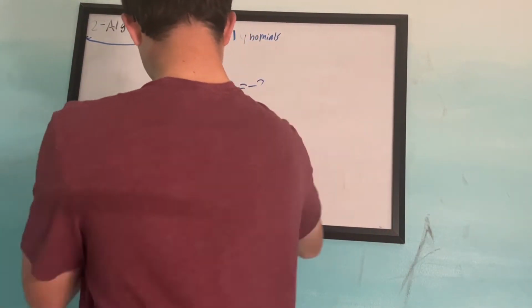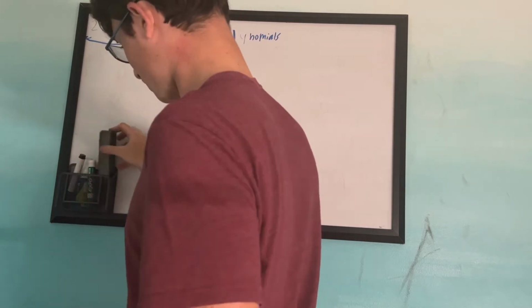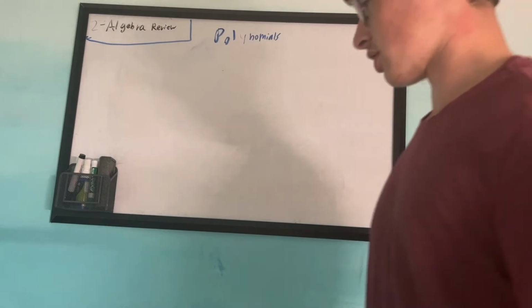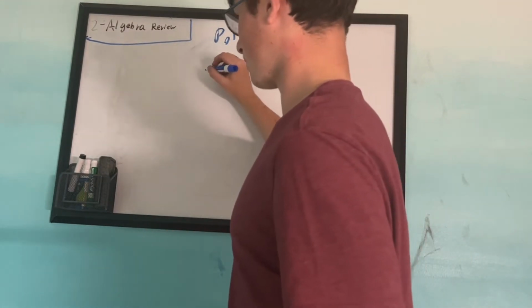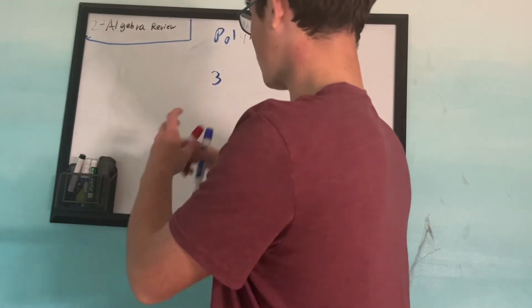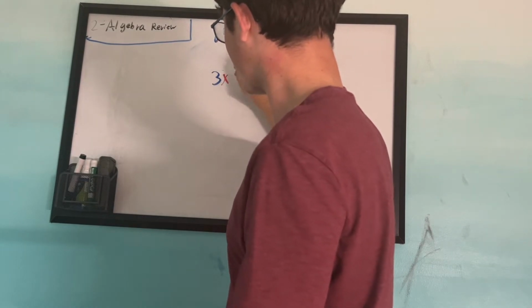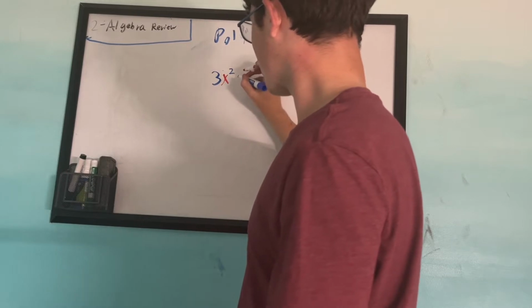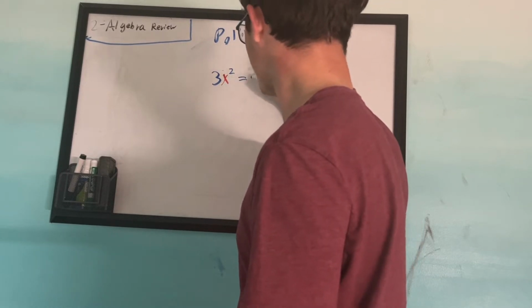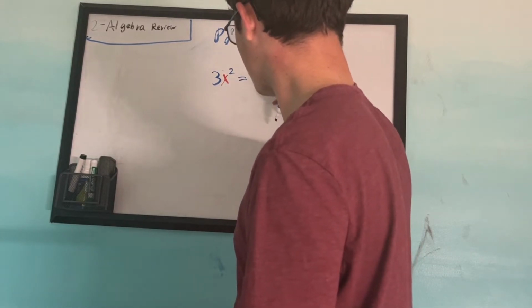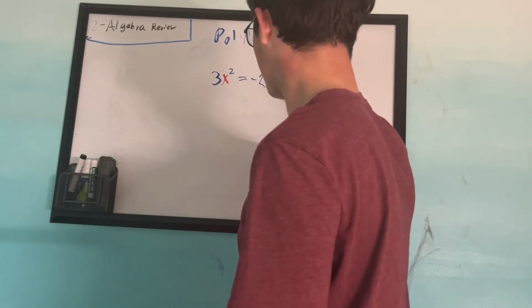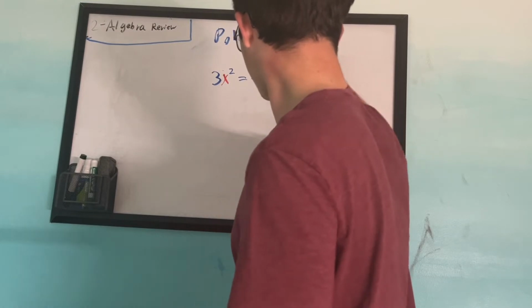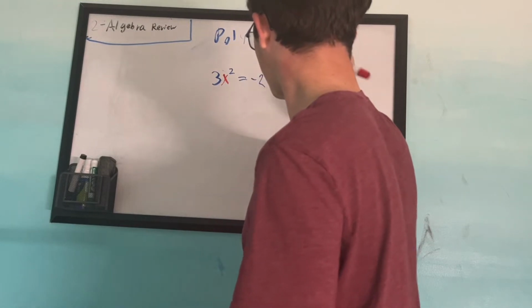This is a very simple example. Excuse me, it can get harder. But one way that we can look at an extremely similar equation, also make sure I use these to make it easier to tell where the variables are: 3x squared equals -2x minus x cubed.